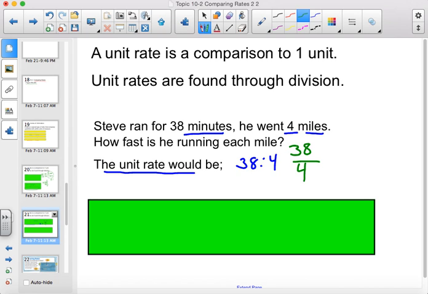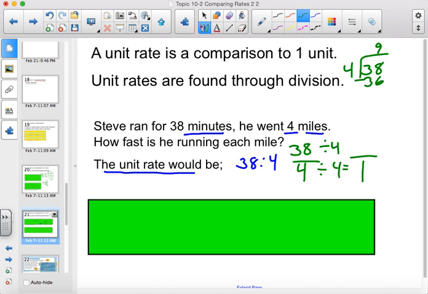Again, if we want to find out what the unit rate is, we would want to know how much time it takes to run 1 mile. So in this case, we would have our unit of 1, and then we would take 38 and divide it by 4. 4 will go into 38 a total of 9 times.